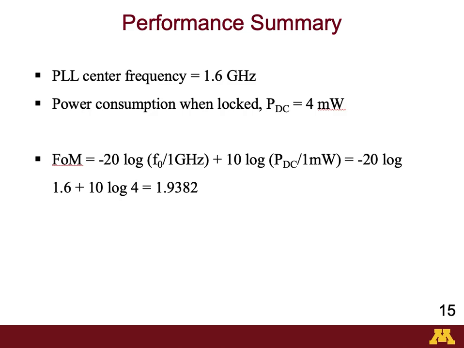One comment I would like to make is that the PLL center frequency could have been made much higher with an LC VCO. However, the narrow locking range was the reason why we wanted to keep this synthesized high frequency much lower than what we can design for.